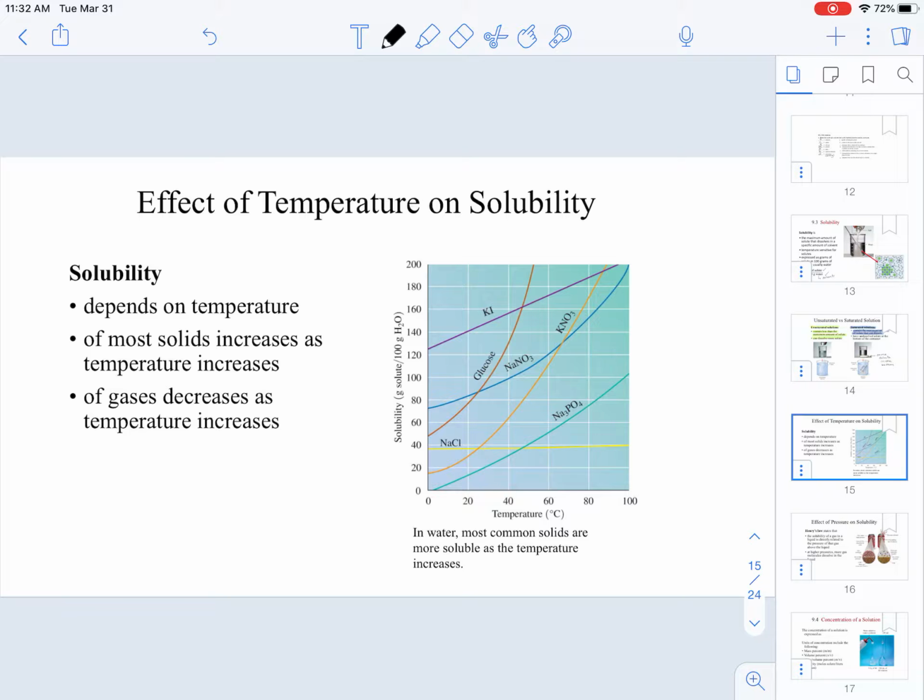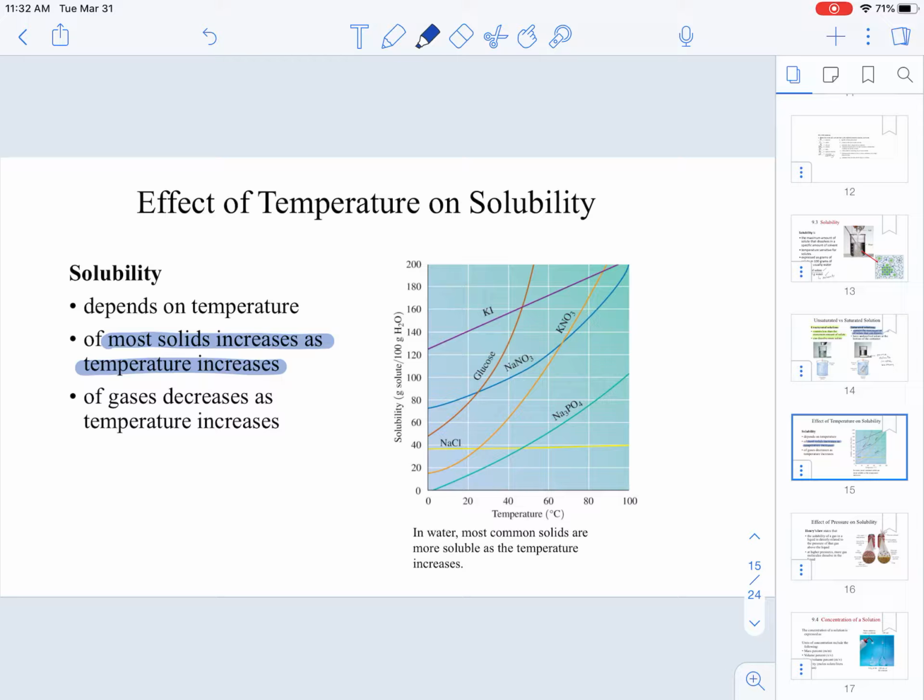Now, there are 2 different factors that can affect solubility. And these factors affect the type of solutions that we have in hand. So as you can see, the first factor that we're going to talk about is temperature. Okay, so solubility specifically of most solids increases as the temperature increases.